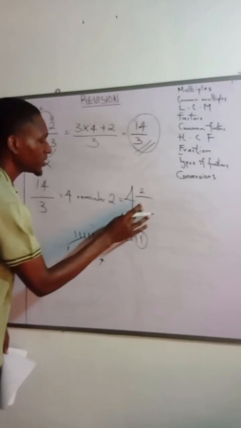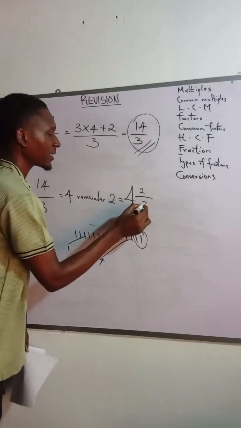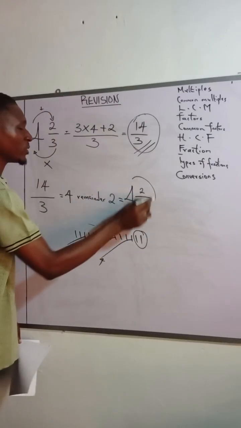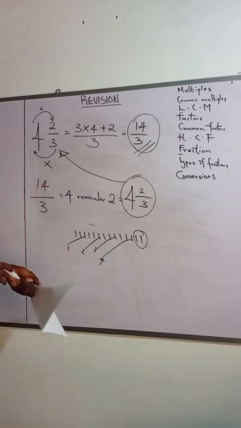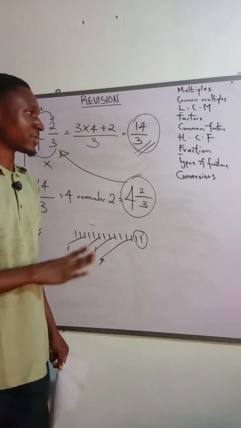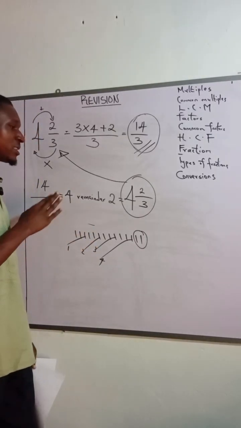This 4 is going to be your whole number, and this 2 is going to be your numerator. And your denominator will not change. It will be the same denominator you have been getting. And then this will be your answer. You can see it's corresponding to this. It's still the same. So this is how you convert from improper fractions to mixed fraction, and from mixed fractions to improper fractions.